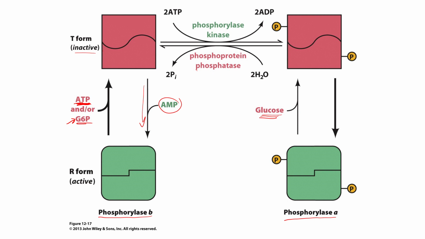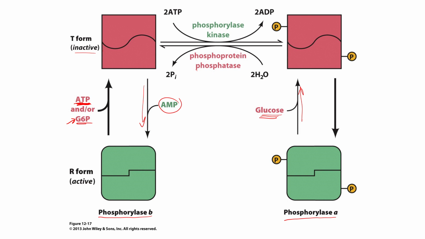Like we talked about before, glycogen phosphorylase's job is to free more glucose from glycogen molecules where they're stored. If there's already plenty of glucose available within the cell, glycogen phosphorylase doesn't need to free up more glucose. So that makes sense then that for phosphorylase A, even though it's phosphorylated, and generally that would help it shift towards the R form, when there's a lot of glucose available in the cell, phosphorylase A is going to shift towards the T form and become inactivated.